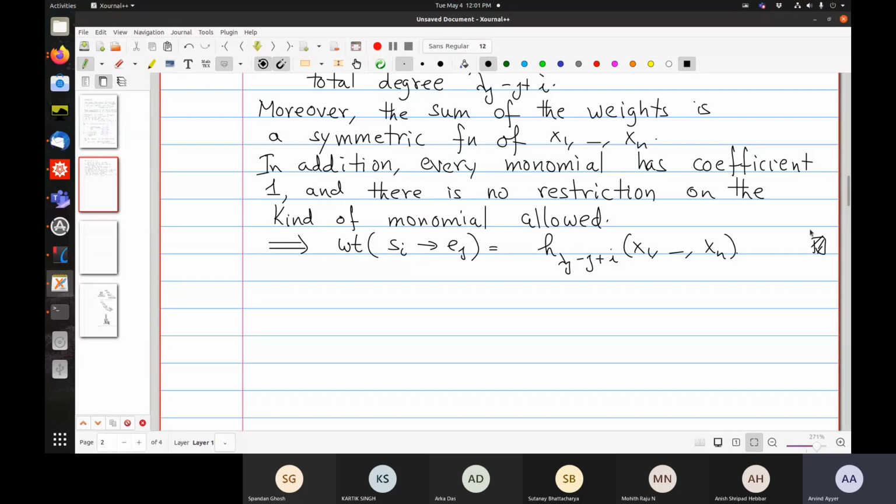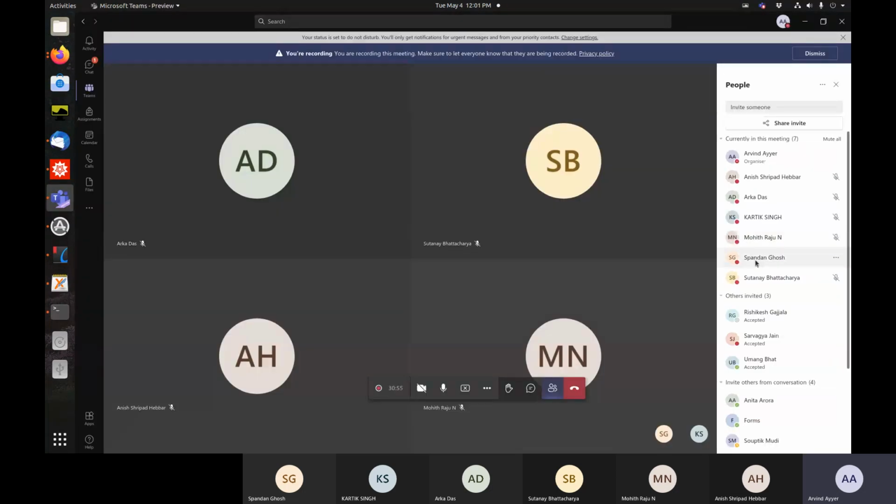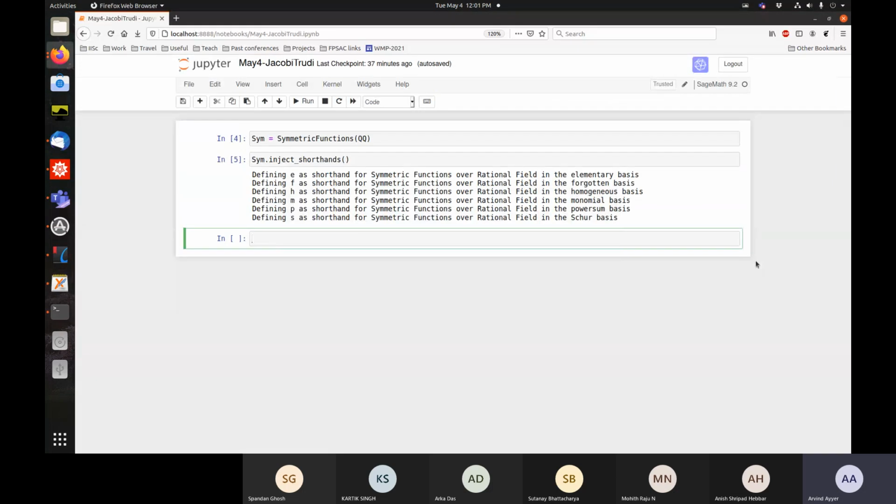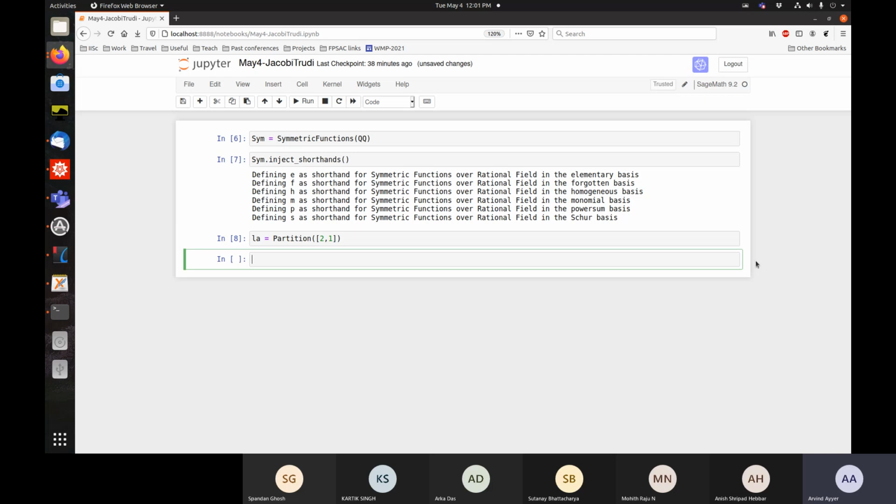Okay, so I can show you on Sage. I already defined symmetric functions, so now let's take some lambda, a partition. Let's take our example partition, which was 2, 1, and let's take 3 variables.